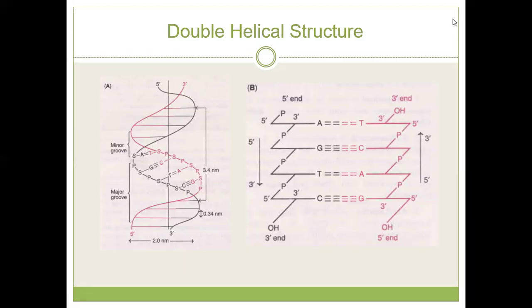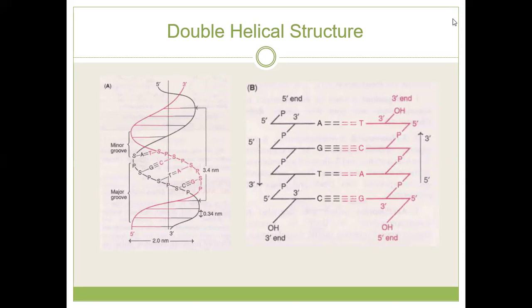So the nitrogenous bases are the ones that are involved in the hydrogen bond with each other and as such hold the structure together. Is that clear? Class, are we making sense? Yes, sir.